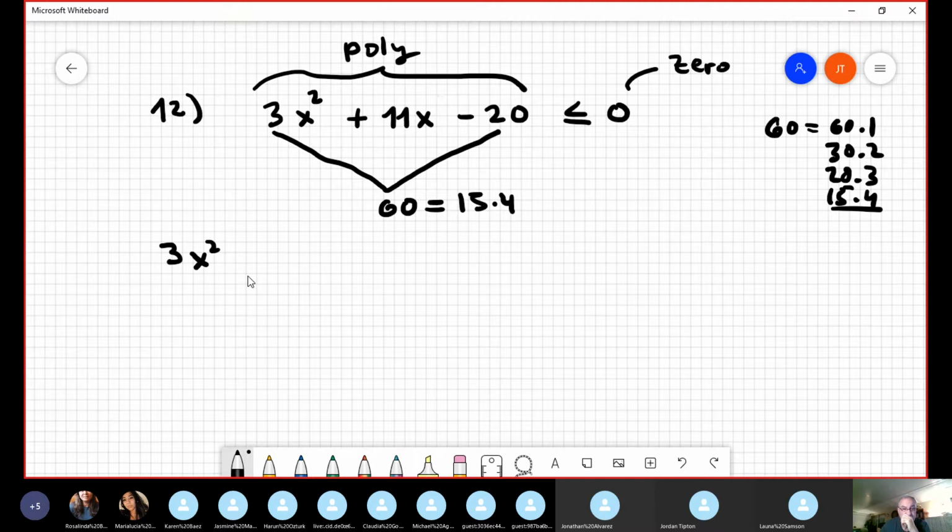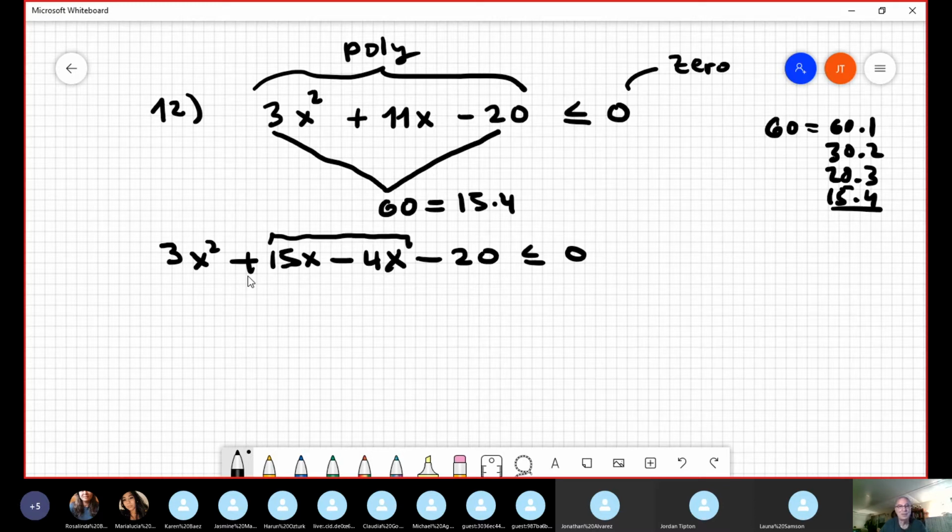So you copy the first and you split 11 using 15 and 4 with the corresponding and logical sign. Okay, 15 minus 4 is 11. Basically, I do factorization by grouping.